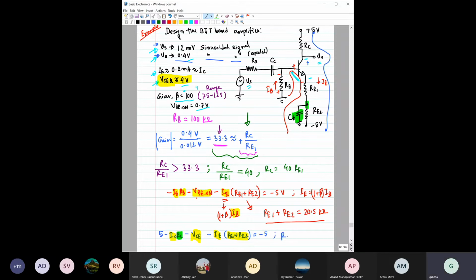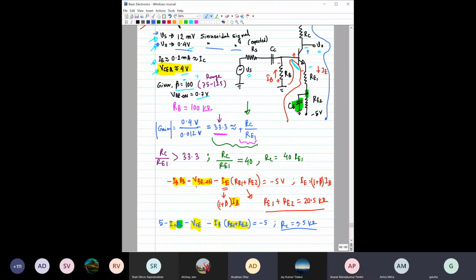So if you do that, RC would come 9.5 kilo ohm. Okay, so that way you can find RC from here. Now what should be the next step? The gain, RC by RE1, equals 40.